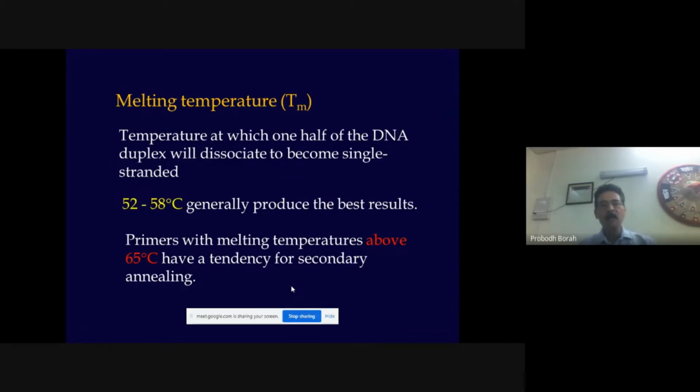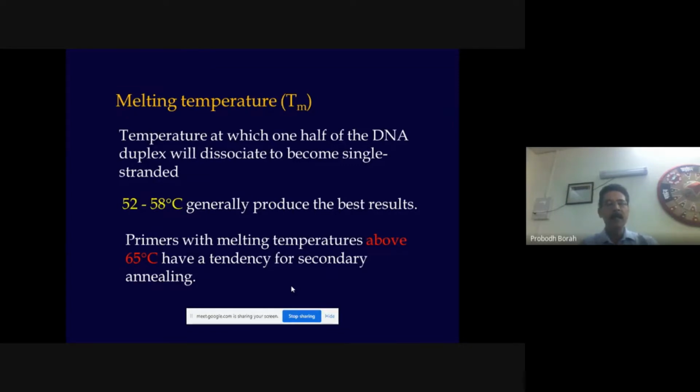So primers with melting temperature above 65 degrees Celsius have a tendency for secondary annealing, and therefore they need to be avoided. So optimum value for melting temperature of the primer is between 52 to 58 degrees Celsius.